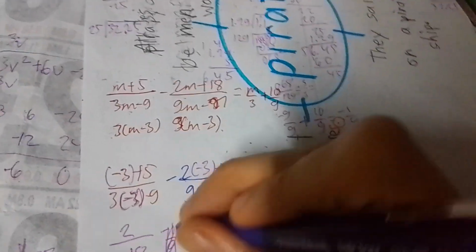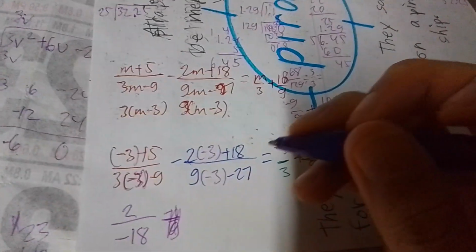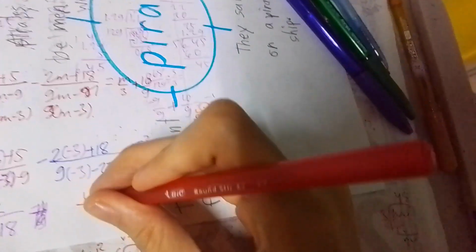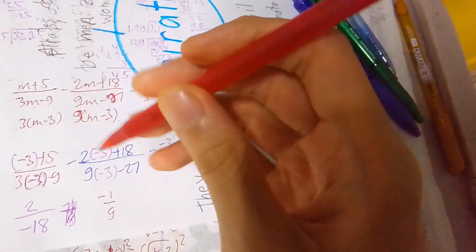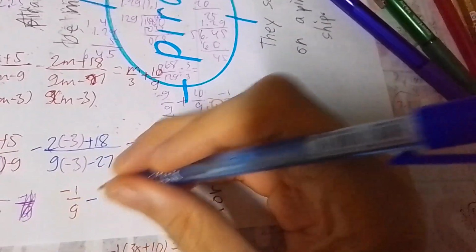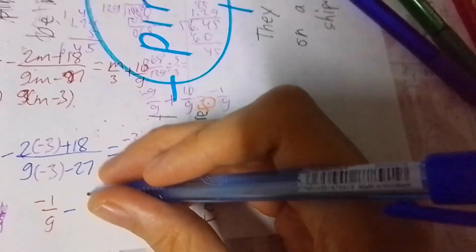Diba? Pero later na yan. And then, diba, remember, this is subtracted by this on the left term. The left, diba? So, on the left side, we have negative 1/9. Tapos, on the blue term, we have 2 times negative 3. What's 2 times negative 3? 2 times negative 3 equals negative 6. Diba?